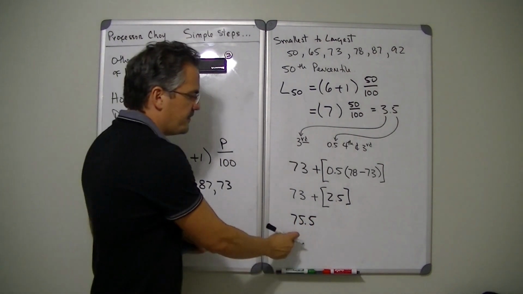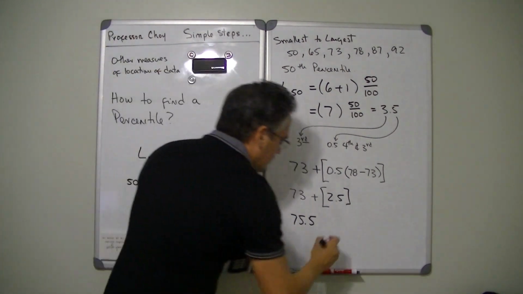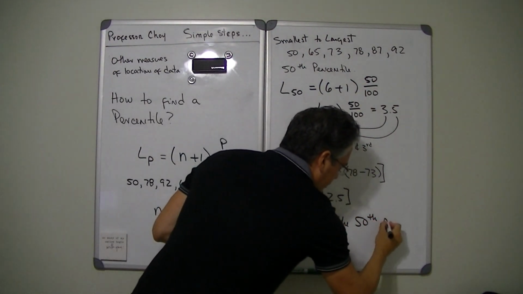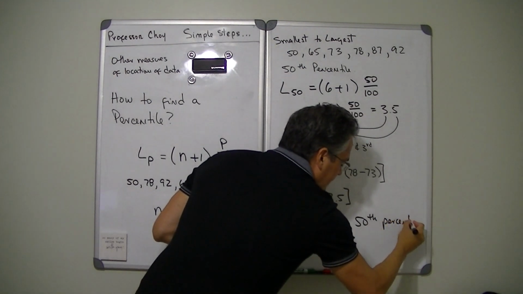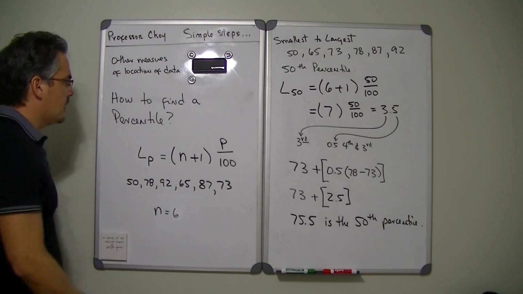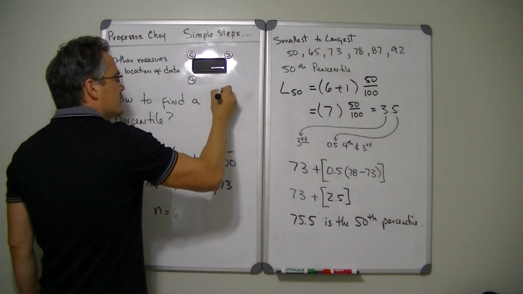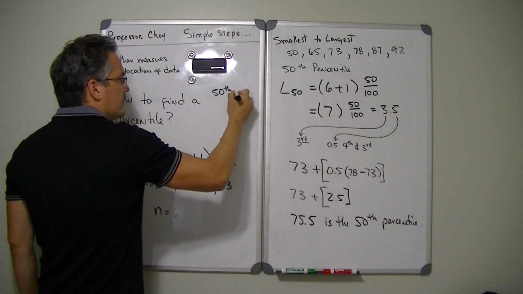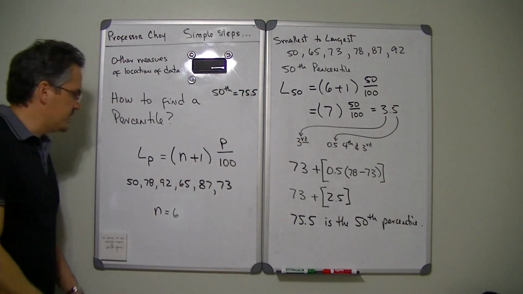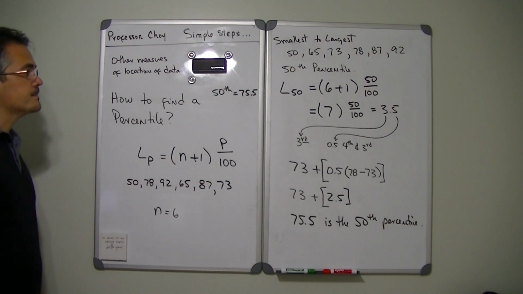And 75.5 is our 50th percentile. Alright? So I'm going to write it over here to remember it. So the 50th percentile is 75.5 with this data set that we have here.